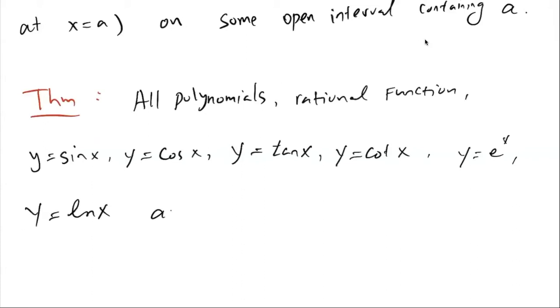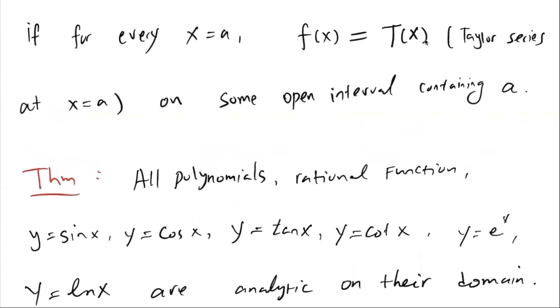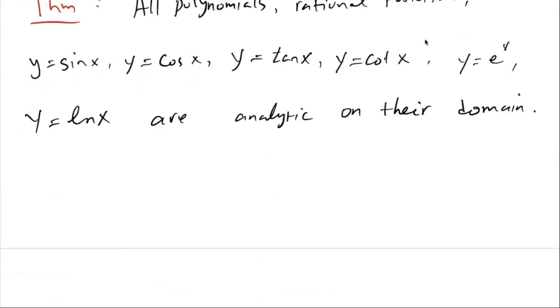All these functions are analytic on their domain. So on their domain, they're analytic, meaning that the function will be equal to the Taylor series, at least as long as x is close to a, for every a in the domain of these functions.